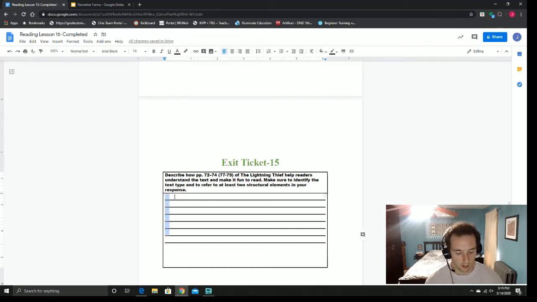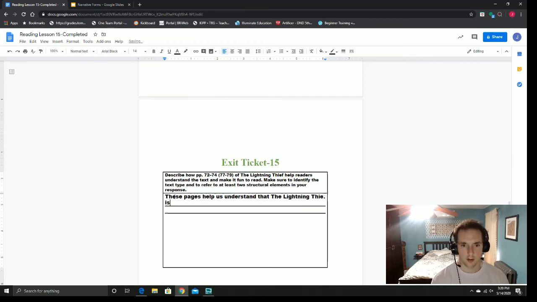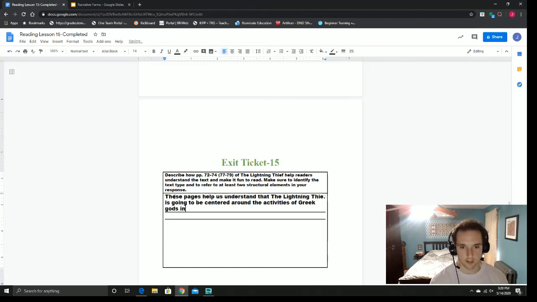So these pages help us understand that the Lightning Thief is going to be centered around the activities of Greek gods in America today.